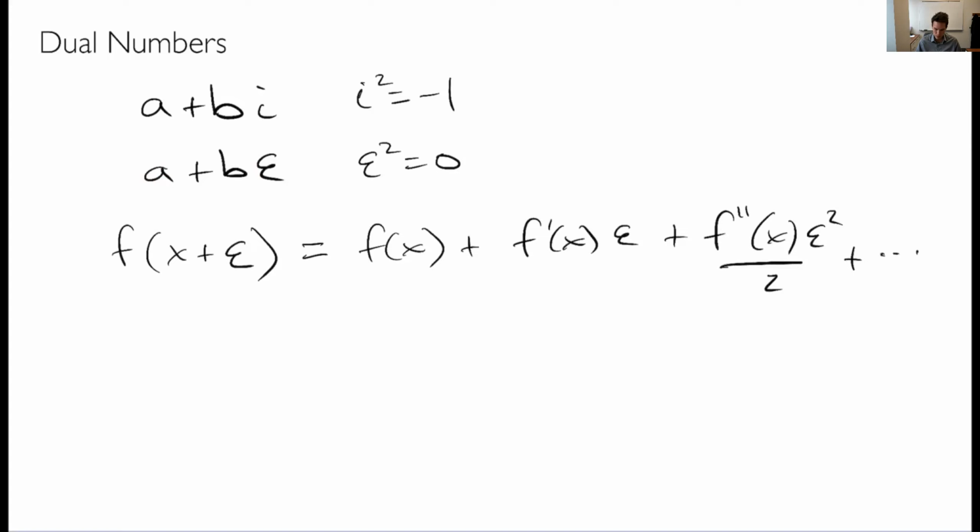But we see we've got an epsilon squared, and of course, every higher term here is also going to have an epsilon squared. So all of these are just going to go to 0. And what we notice is that if I plug in this dual number here, I'm going to get back another dual number. This dual number carries my function value, and in this part, the derivative.